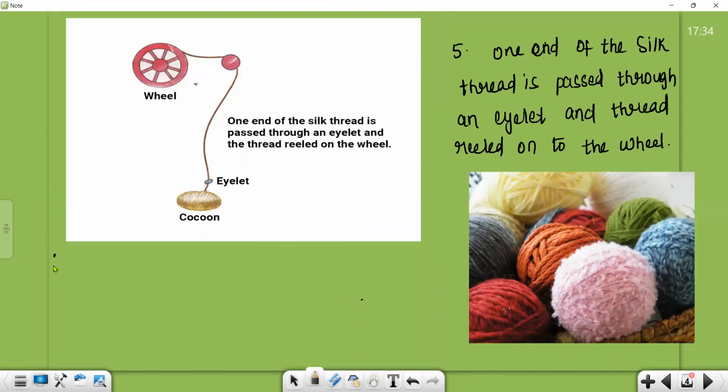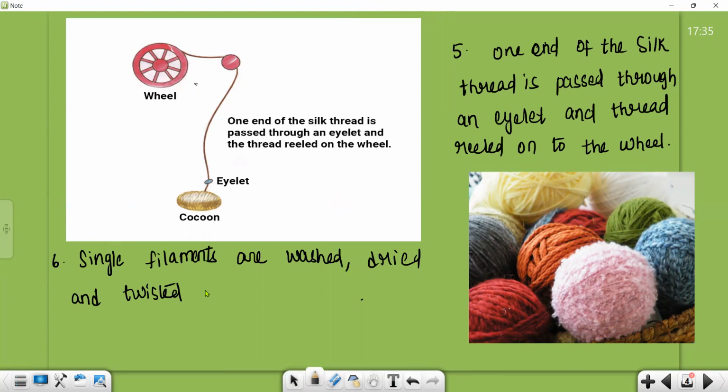So at last, students, the single filaments are washed, dried, and twisted to form yarn. Okay, so the texture of the thread depends on the complete twisting process. Isn't it how they are twisted?